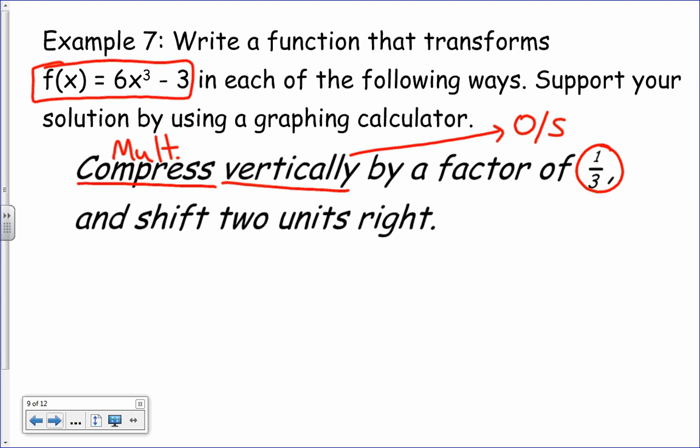And then I want to shift 2 units right. Now, right, is that horizontal or vertical? Horizontal. So right, yes, but it means it's located where? Inside or outside? Inside. Horizontal is inside.